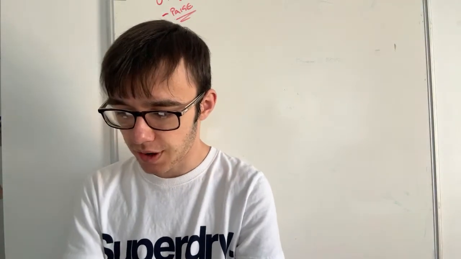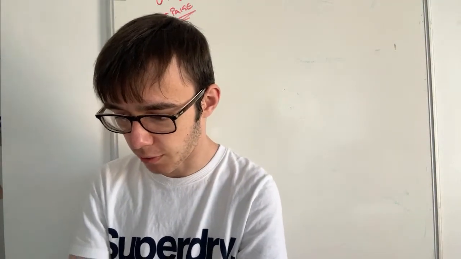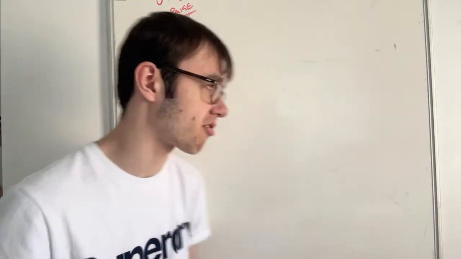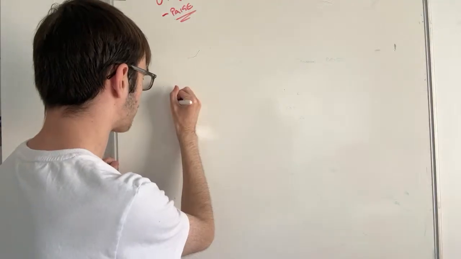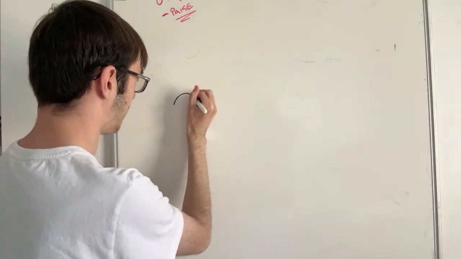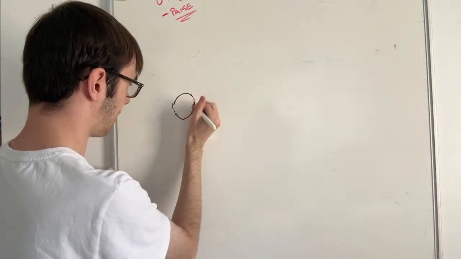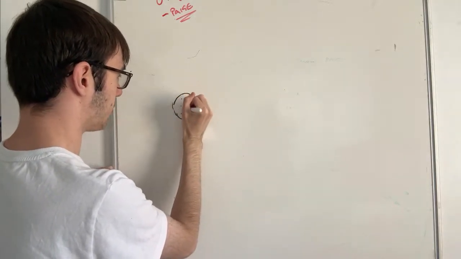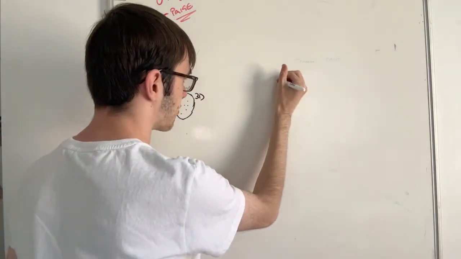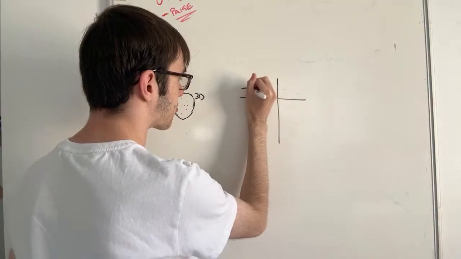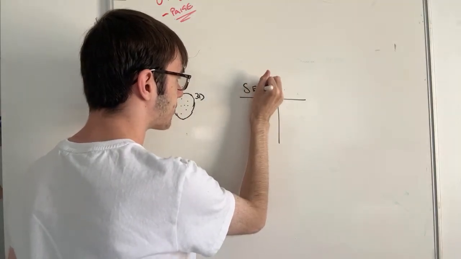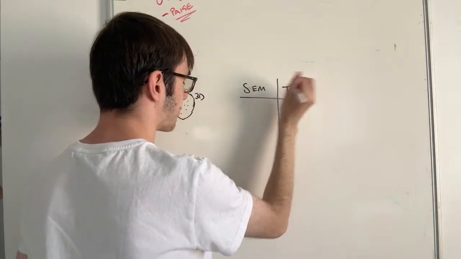Okay, first question is microscopy. State which type of microscope was used to take the image and explain your answer. The image is showing a 3D pollen grain. 3D, obviously our two types of electron microscope are scanning electron microscope and transmission electron microscope.